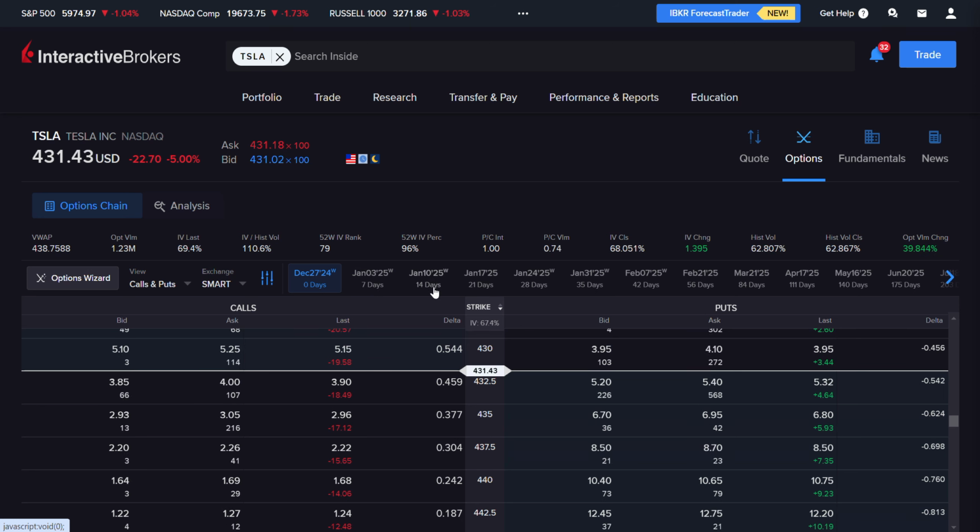January 10 is 14 days, and so on. After that date, the option will stop trading. Options, unlike stocks, will expire. So let's say January 3rd, 2025, 7 days to expiration. On January 3rd, 2025, after the trading hours, the options contract will expire.